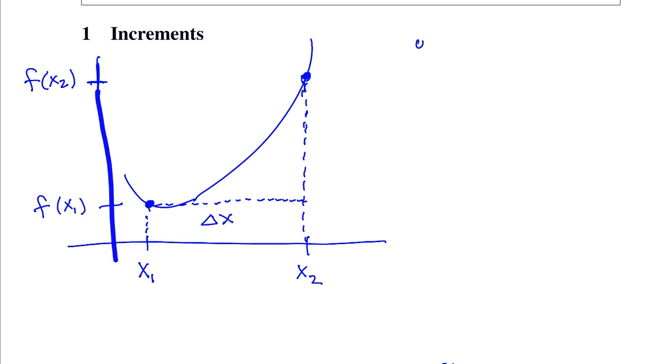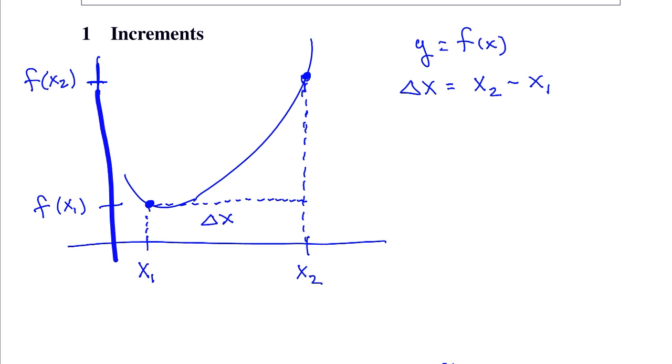So given y is equal to the function f of x, delta x is x2 minus x1. It's not quite distance because delta x could be negative. All right, and distance is not considered to be negative. So if the x2 happens to be on the left side, then we would have a negative result here. And this is just the change from x1 to x2.